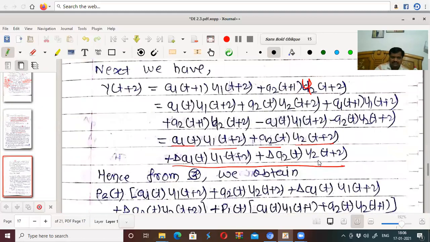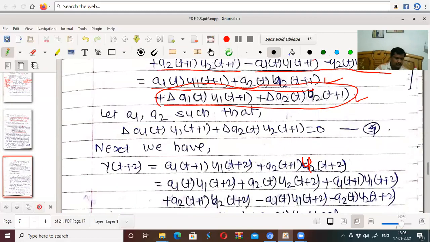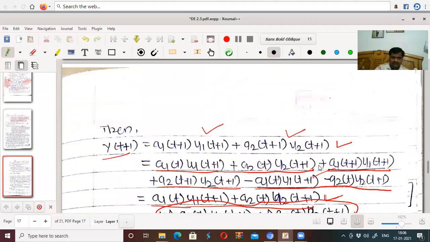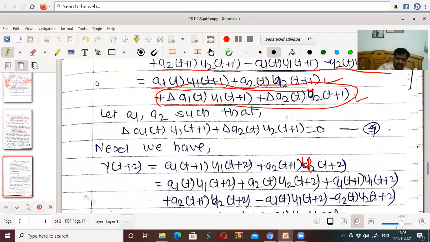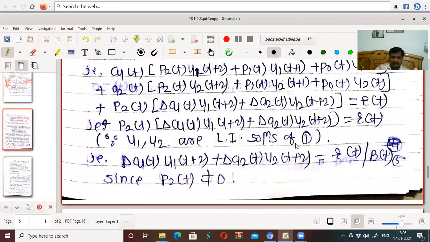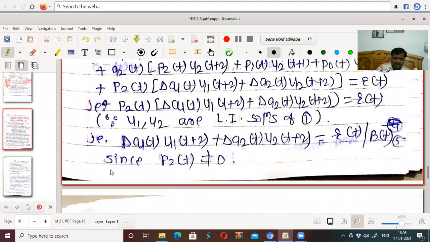4 is this one: delta a1t u1t plus 1 plus delta a2t u2t plus 1 equal to 0.